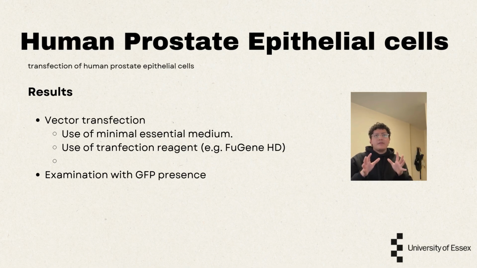This vector transfection is done by firstly using the result of this extraction of plasmid. First you put minimal essential medium and you add a transfection reagent such as FuGENE or something like this, because there are a lot in the market.